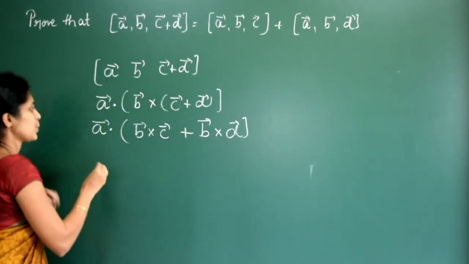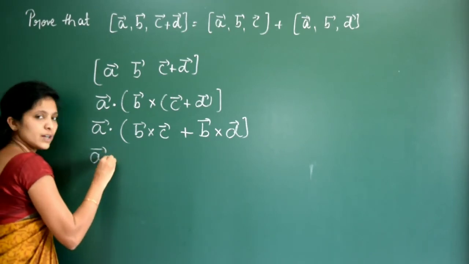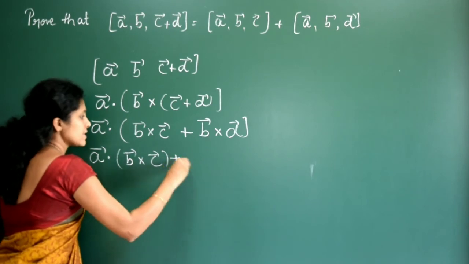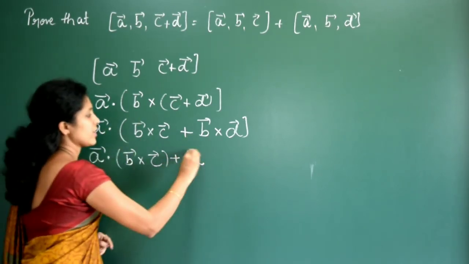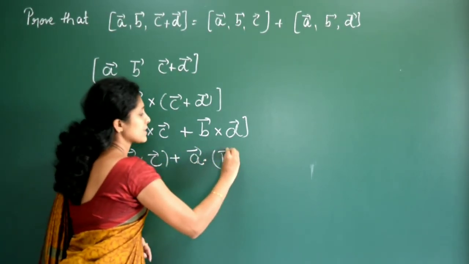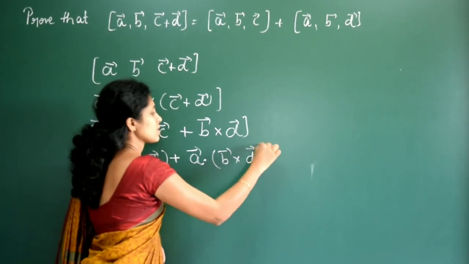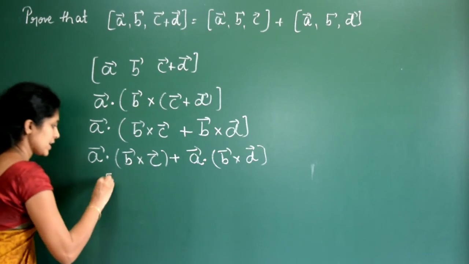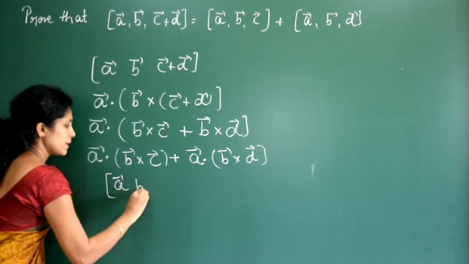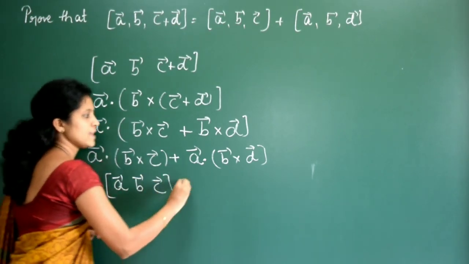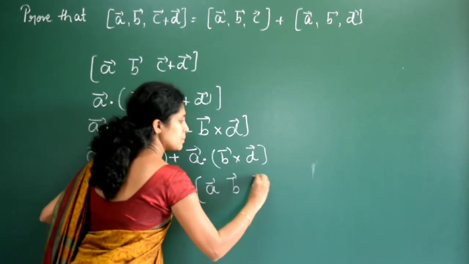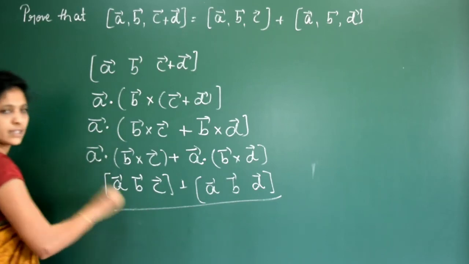Now if you find the dot product of this, it will be A vector dot B vector cross C vector plus A vector dot B vector cross D vector. Now what is this? A vector dot B vector cross C vector can be written as A vector B vector C vector, plus this will be A vector B vector D vector. Proved, right? Just remember the result, okay.